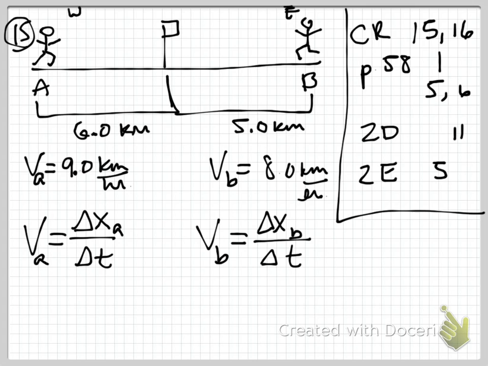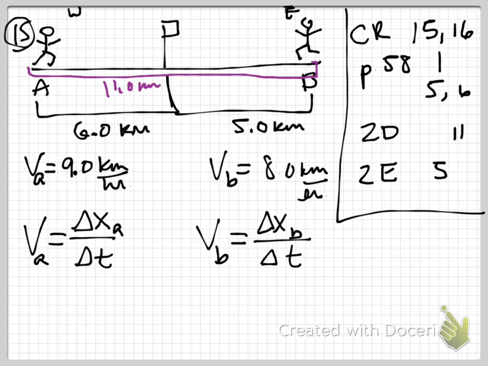We also know that at whatever point they cross paths, whether it's here or here or here, the distance that the 2 of them will have covered together has to add up to the total distance between them. So at the point when they cross paths, the total distance is going to be 11.0 kilometers. Is that true? Okay. We have their velocity and we can find their displacements.